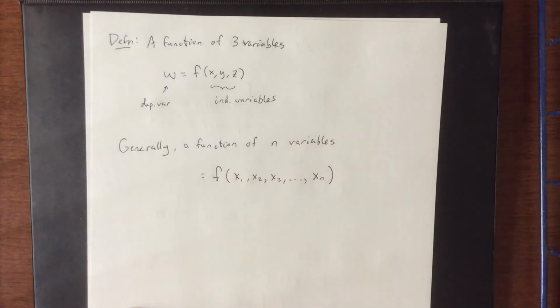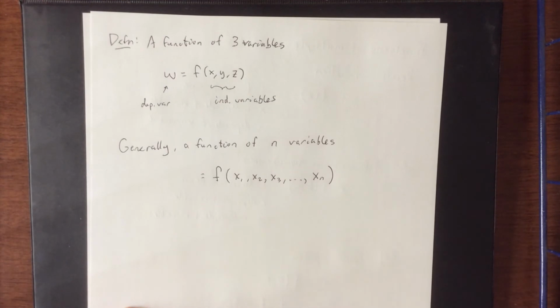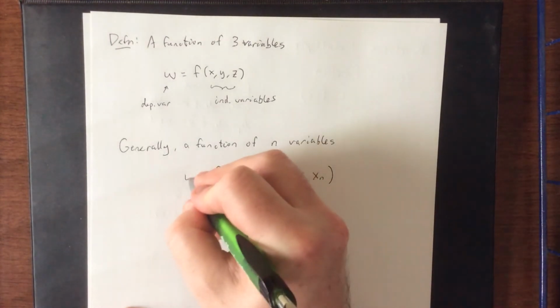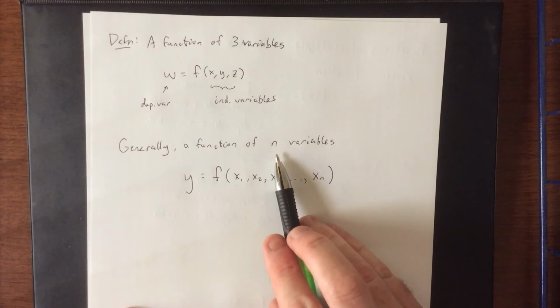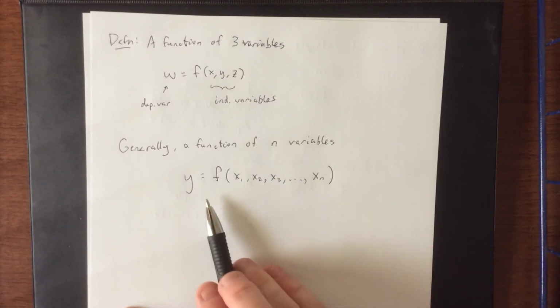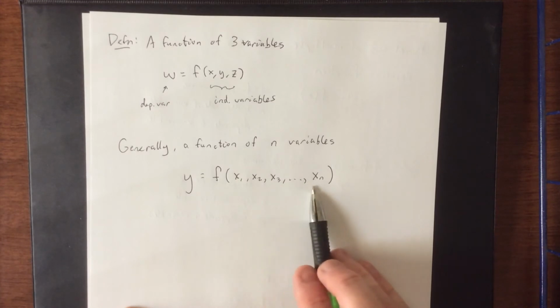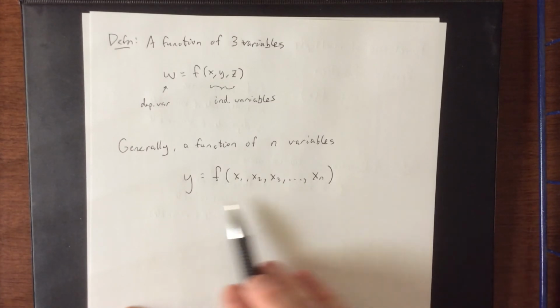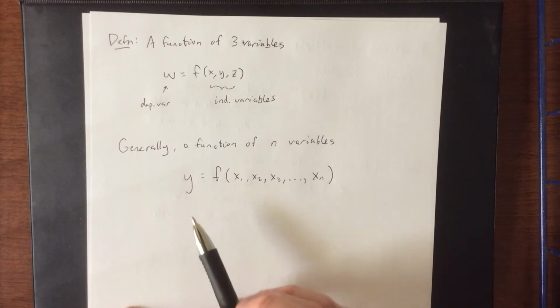Usually a good way to count to n is by saying 1, 2, skip a few, n. Then whatever you feel like using for your dependent variable, that doesn't really matter. Now, generally speaking, when you have a function of n variables, the thing that you're creating is n plus 1 dimensional, where each one of your independent variables has a dimension associated with it, and your dependent variable has something associated with it as well.